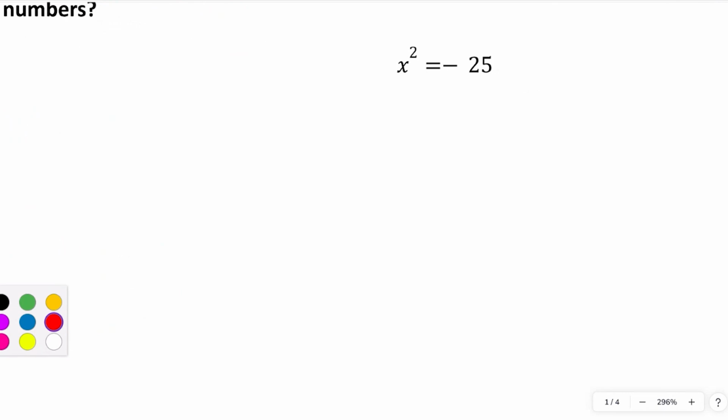So let's do one more of these negative square roots. We've got x squared equals negative 25. First, I'm going to take the square root of x squared and the square root of negative 25. The square root of x squared is the absolute value of x.